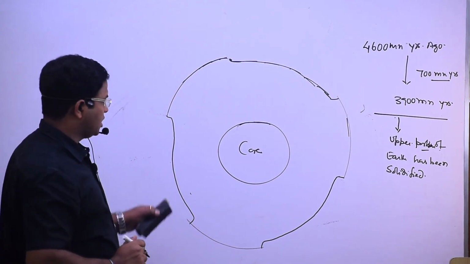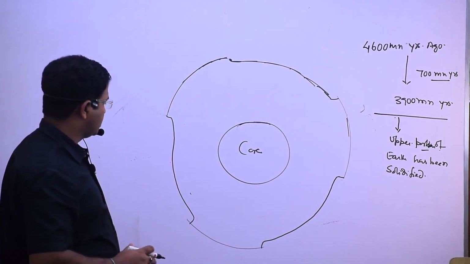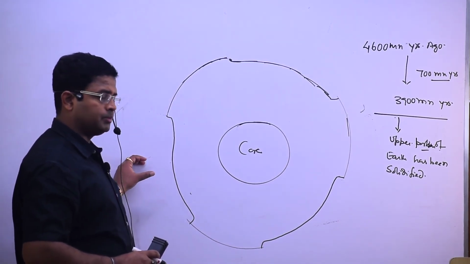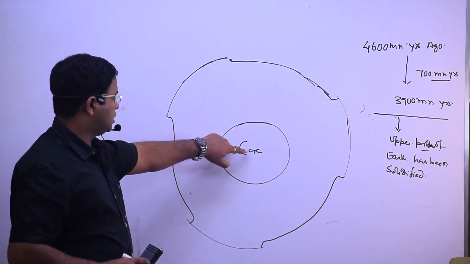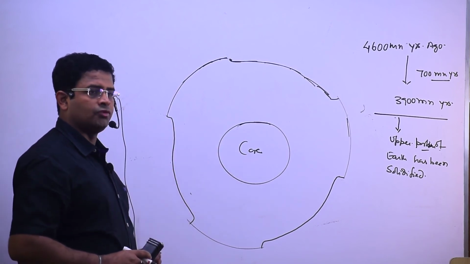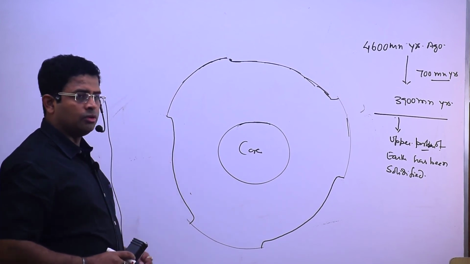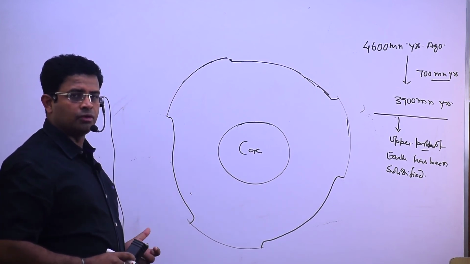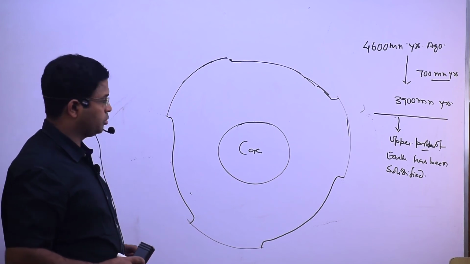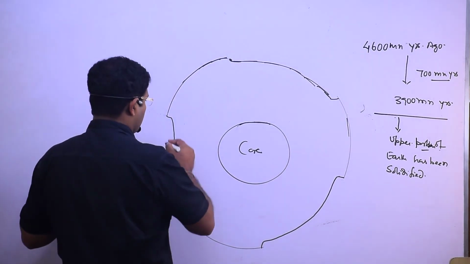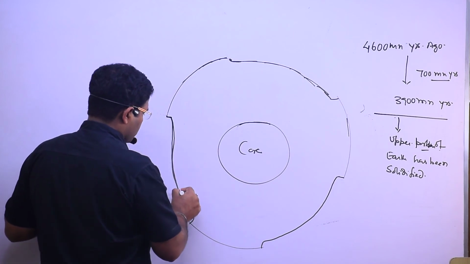So the second stage during the solidification, this is a bit of an exaggerated form here, because you know that the radius of the earth is like 6400 kilometer, and the depth of the ocean on an average is 4000 meter, meaning 3790 meter. But here the depth looks much bigger.